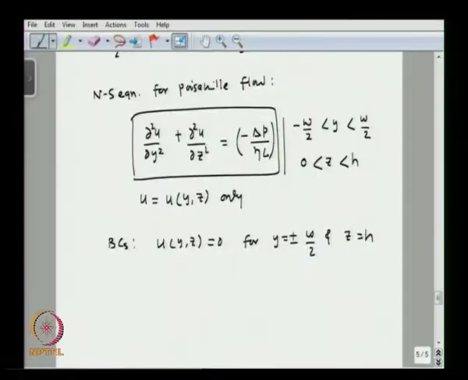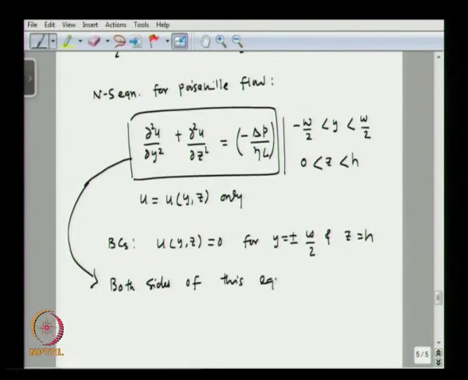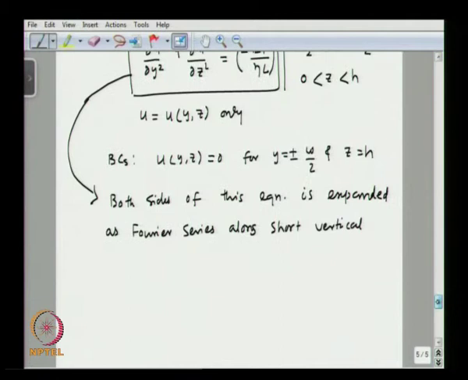So, both sides of this equation are expanded as Fourier series along the z direction.